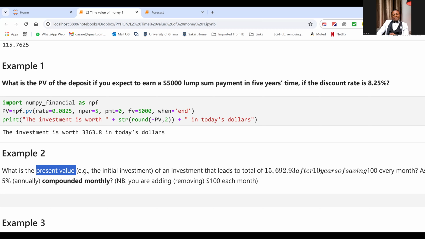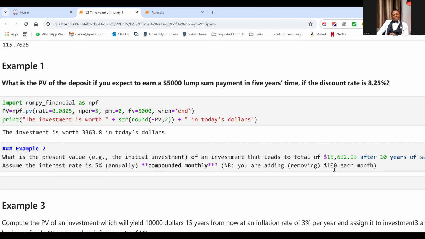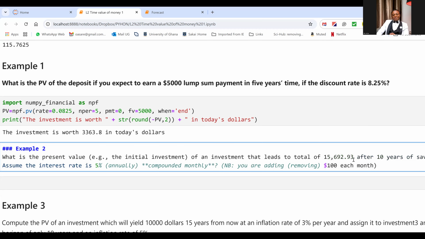That's how the question could be. What is the initial investment of an investment that leads to a total of 15,693 after 10 years of saving $100 every month? In fact, I can remove this thing so that it doesn't confuse.